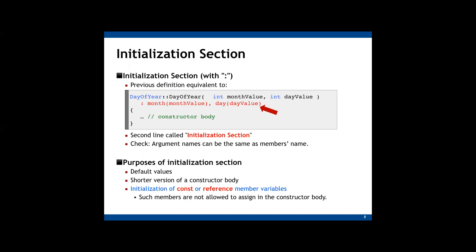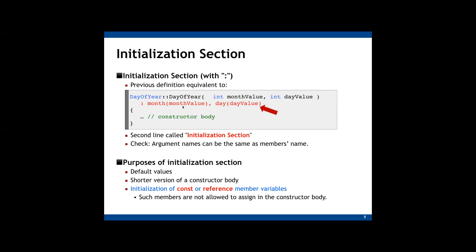But you can initialize the month and day member variables this way: a colon followed by a list of some or all of the member variables separated by commas. For each member variable, we place the value between open and close brackets, which will be used to initialize the member variable.